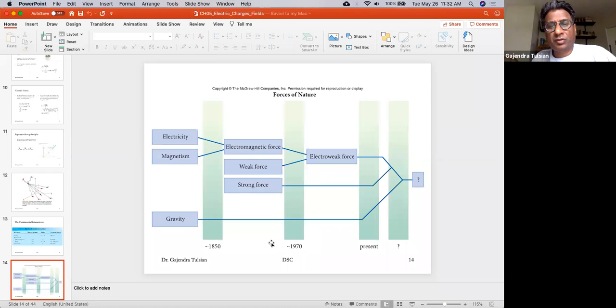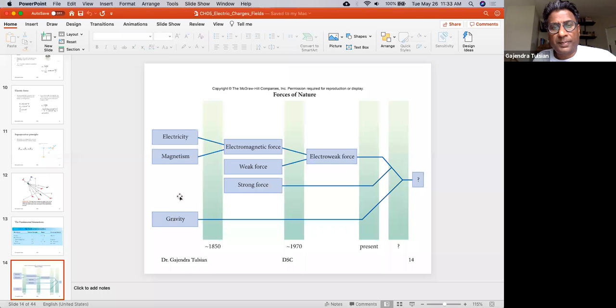All right. So anyway, here's the sort of holy grail in physics. Electricity and magnetism were combined in the 1850s. Okay. So right now there are 4 forces, and the hope is that at extremely high energies, they would all act as one force. Okay.